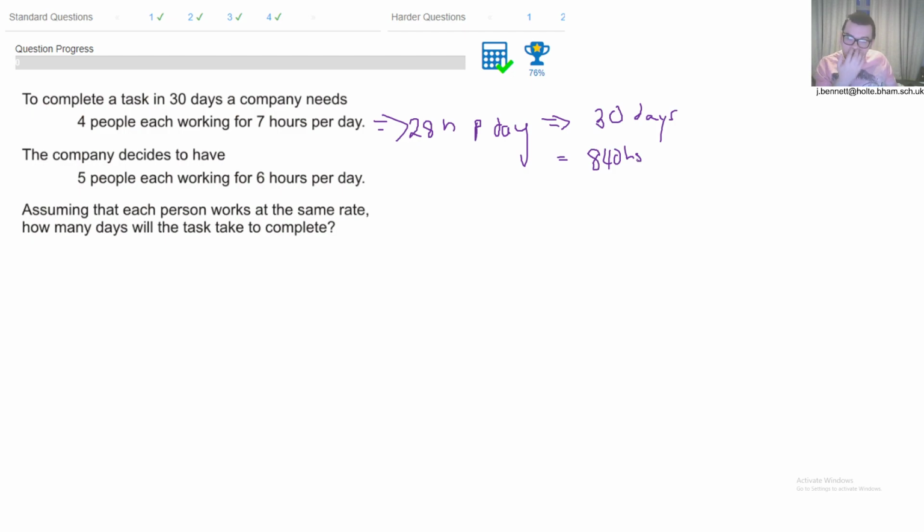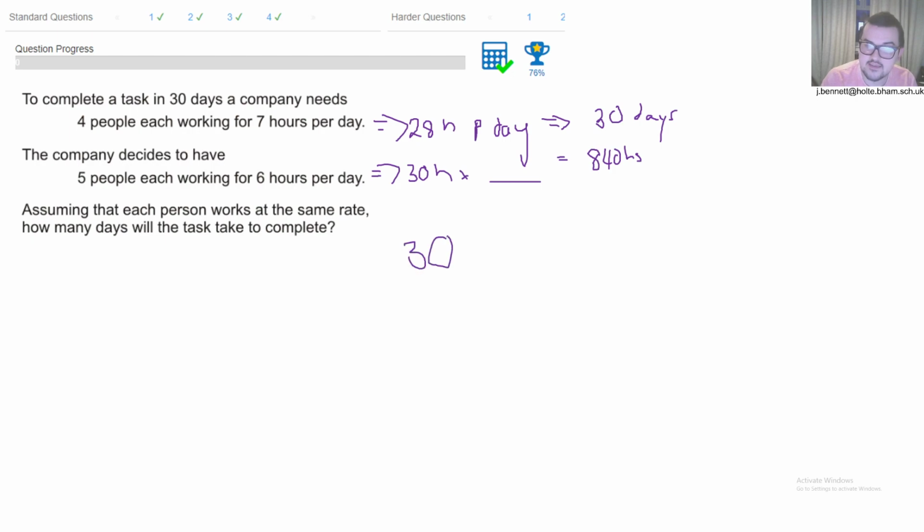Assuming that people work at the same rate, how many days would it take if 5 people each work for 6 hours a day? So now we have 5 people working 6 hours. That's 30 hours of work, because 5 people working 6 hours, that's 5 lots of 6 hours. Now we want to know how many days it takes to get 840.